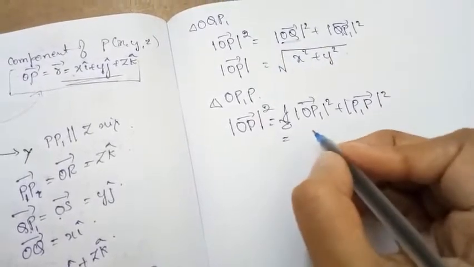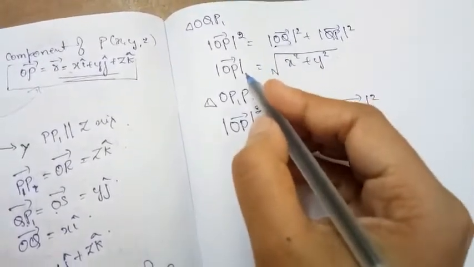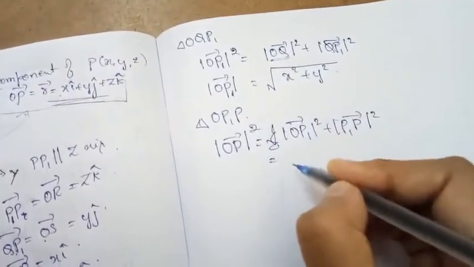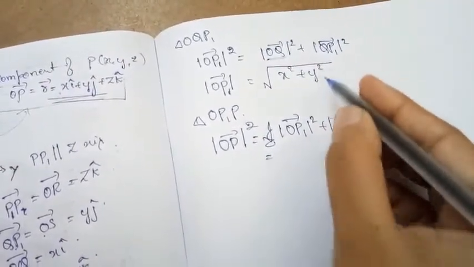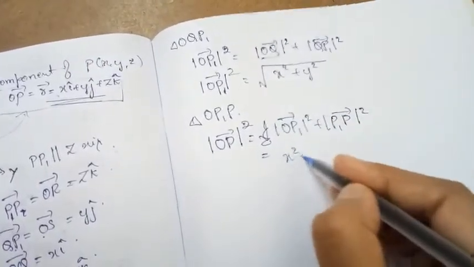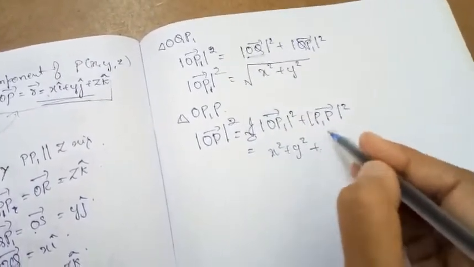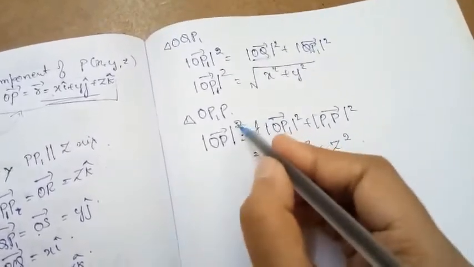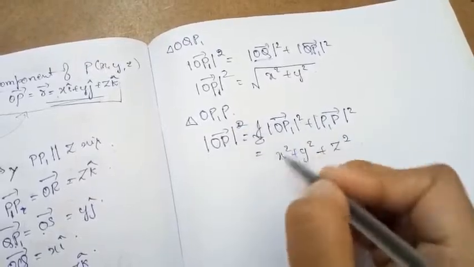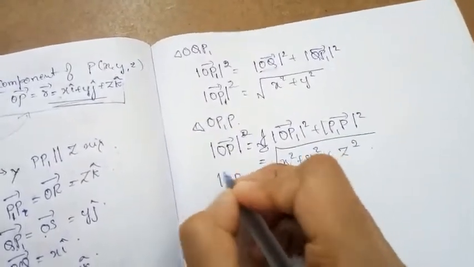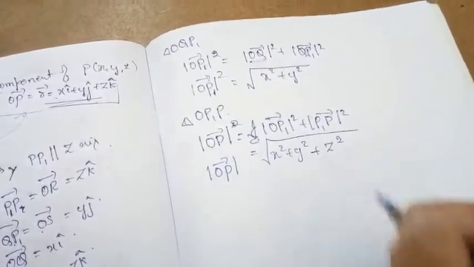What is OP1 square? It is nothing but x square plus y square. What about P1P square? It is nothing but z square. If I transfer the square to the RHS, we get a square root. So magnitude of vector OP is nothing but square root of x square plus y square plus z square.